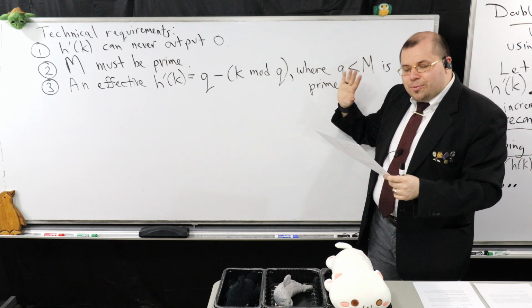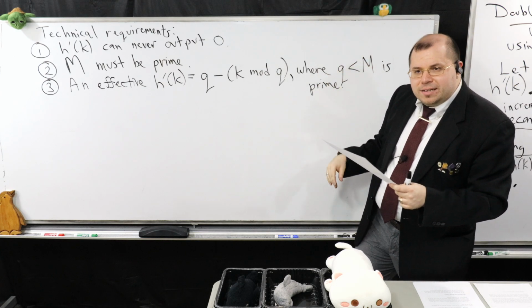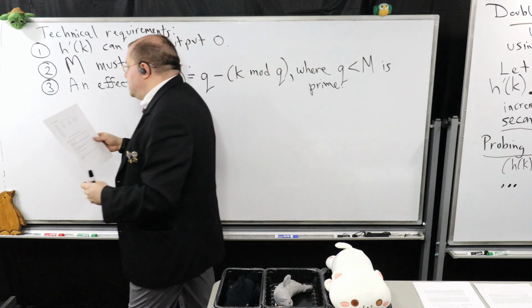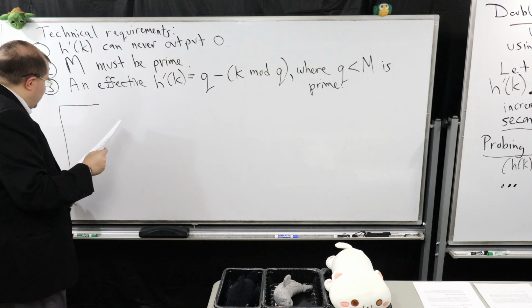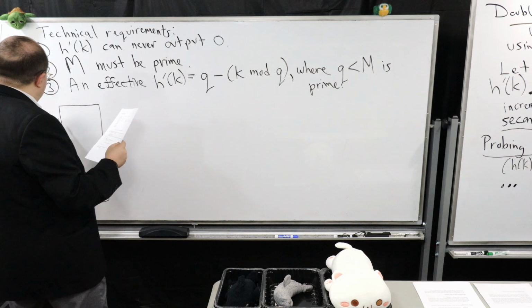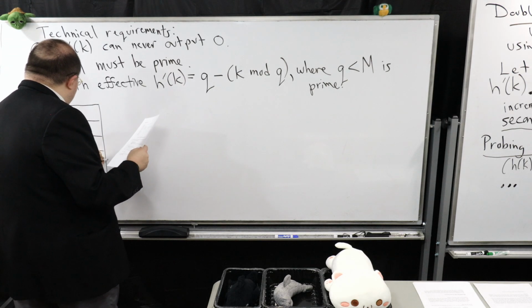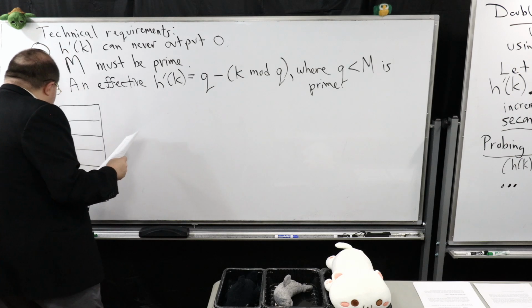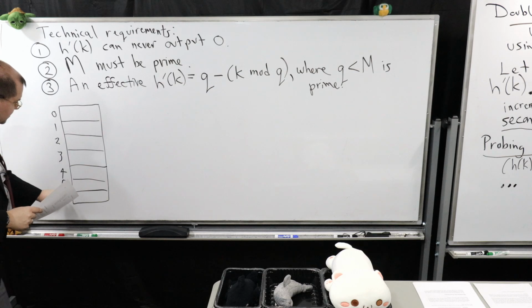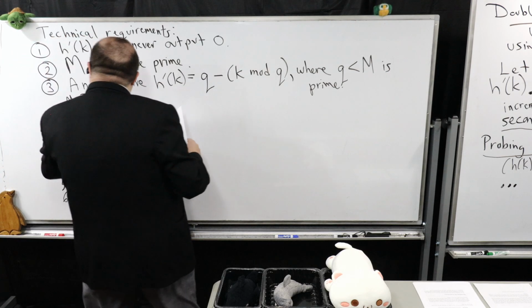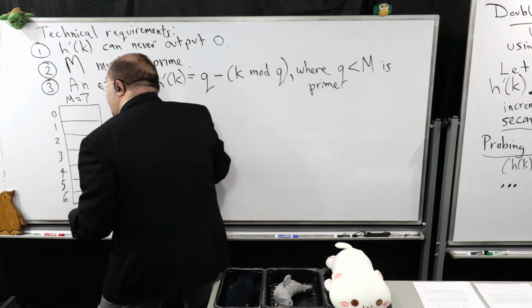But what I want to do is an example just to illustrate how this works. So let's do an example. I'm going to make a hash table. I'm going to make it have 7 slots in it. 1, 2, 3, 4, 5, 6, 7. It's going to have this table size of 7. Remember, 7's a prime number.